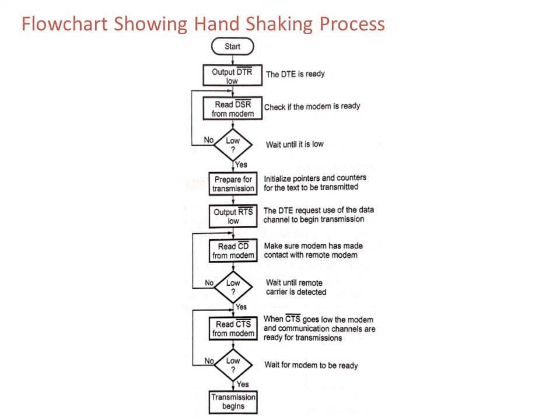That means it can transmit and receive data simultaneously. So the important thing to understand from this flow chart is that the series of handshaking processes we have studied takes place in RS-232C during transmission of data and also during reception of data.